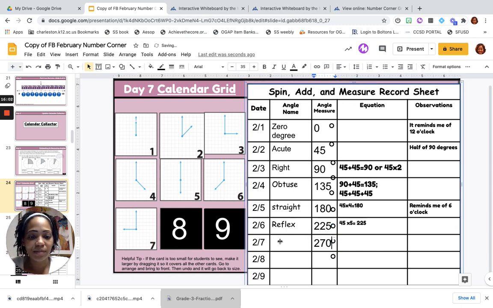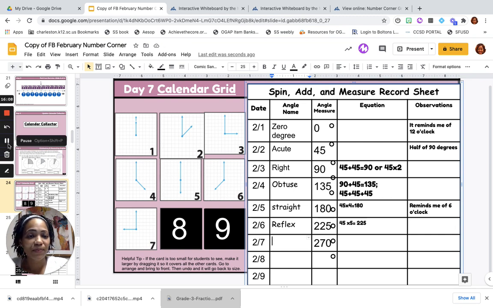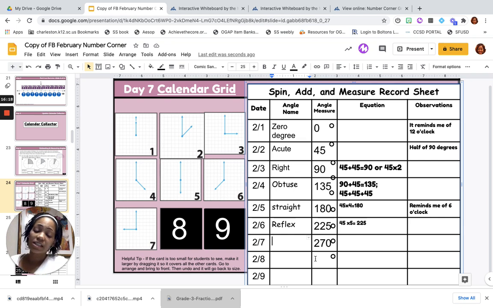270 degrees. Perfect. Do we still call it a reflex angle? Yes, we do, because we are measuring like we're going around the clock. So we're not going to automatically start this way. But if you looked at that and knew it was 90 degrees, that's okay. But you've got to think about it's 90 degrees less than 360 degrees, which is a full rotation. So here's my reflex angle, which is 270 degrees.